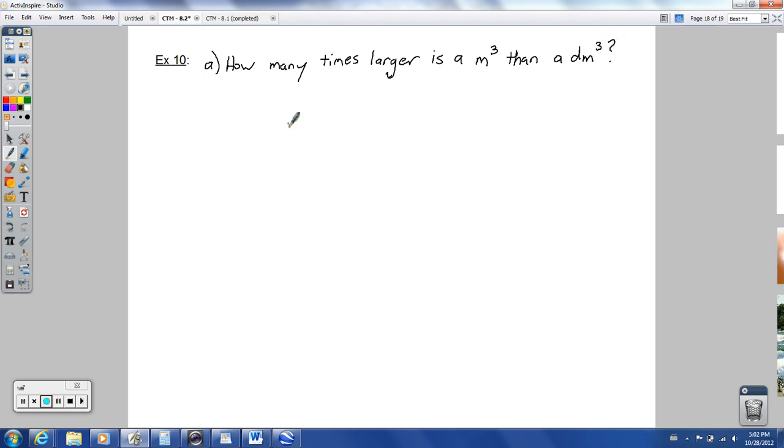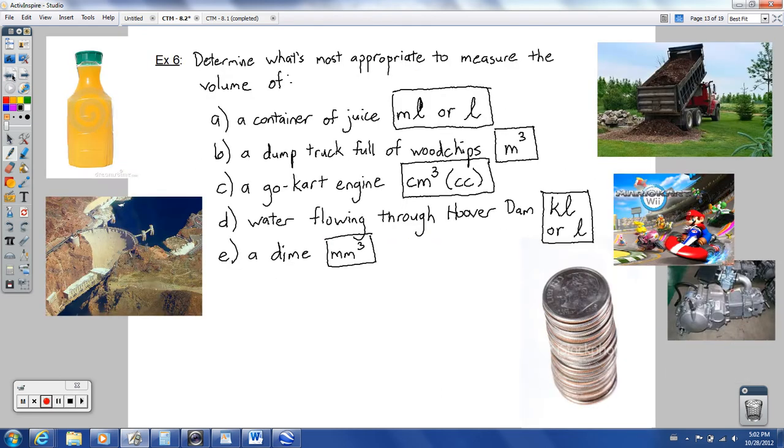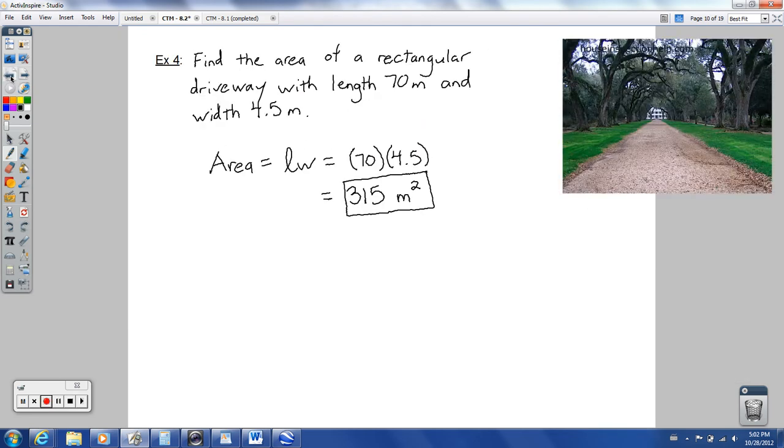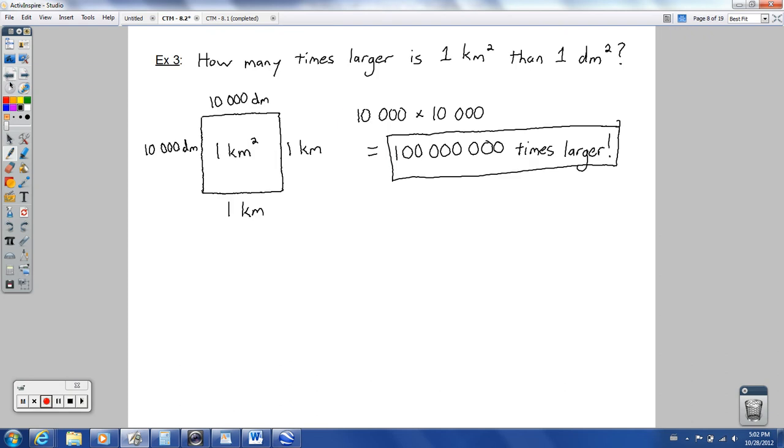So with this one, think about how we did this with area first. We did a similar problem with area. Not quite there yet. Where is it? There it is. Okay, so we did 1 by 1 kilometer, the same as 10,000 by 10,000 decimeters.